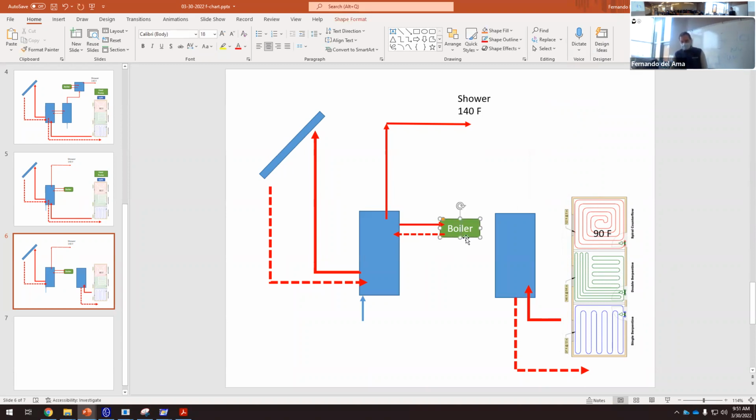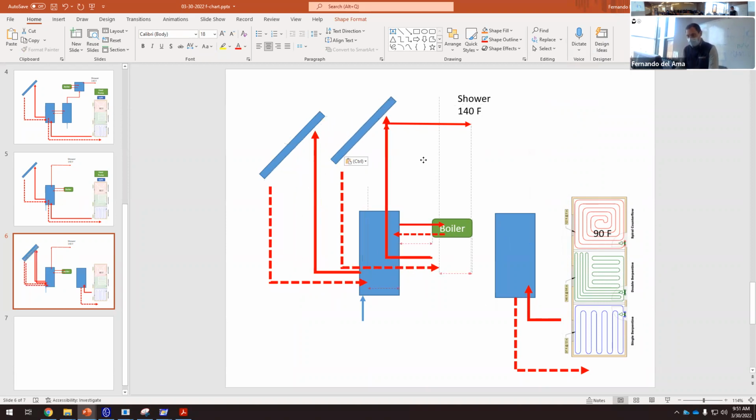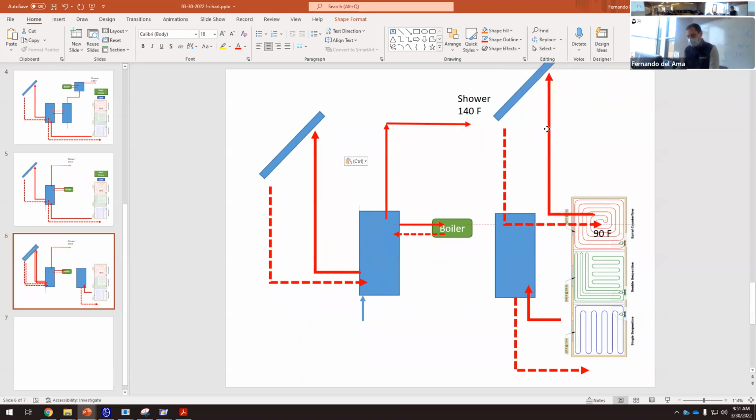And since I'm going to have different temperatures, because I need 140 here, is this connected to these solar collectors? I will use another set of solar collectors to be connected to this tank here.